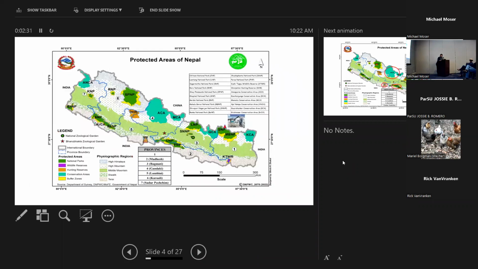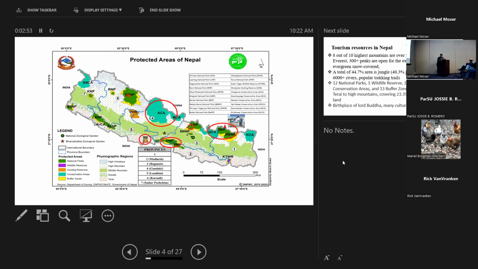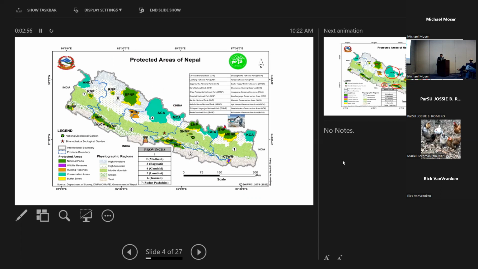This is the map of Nepal, and we can divide this map roughly in three parts. For instance, we have very big differences in the altitude. It starts from the 60 meters around here, and it goes 8,800 meters here, which is Mount Everest, and it can be divided into 3 parts.